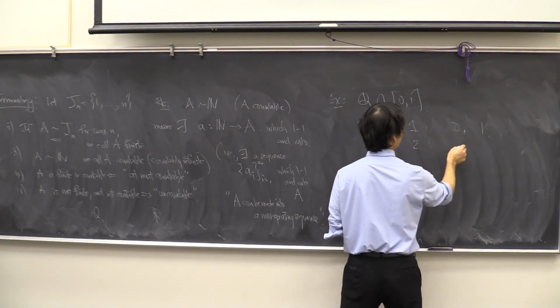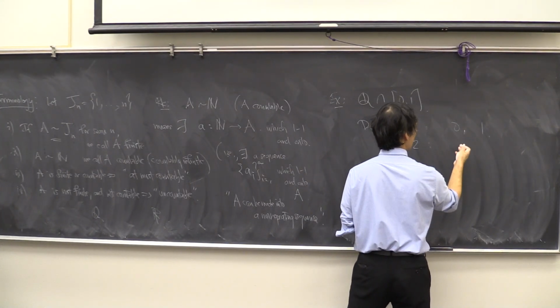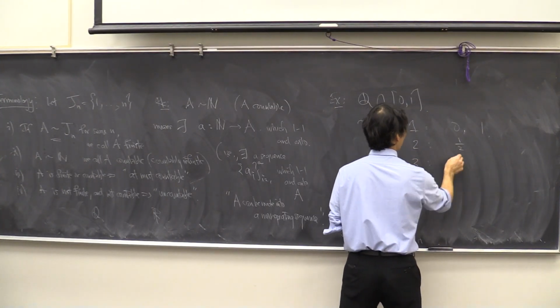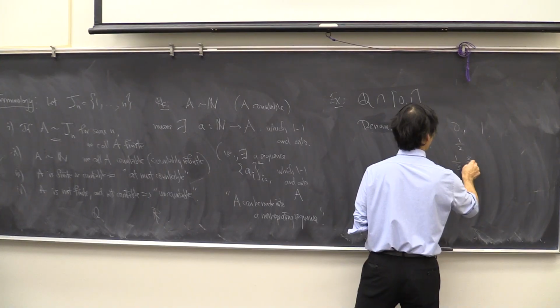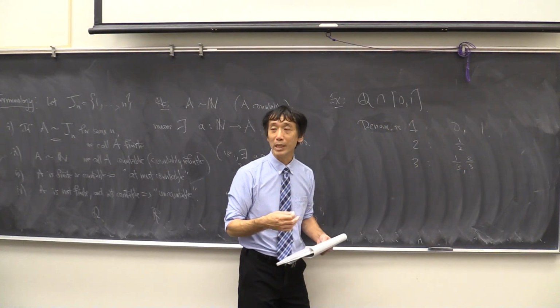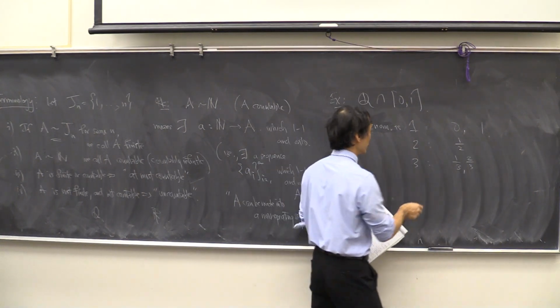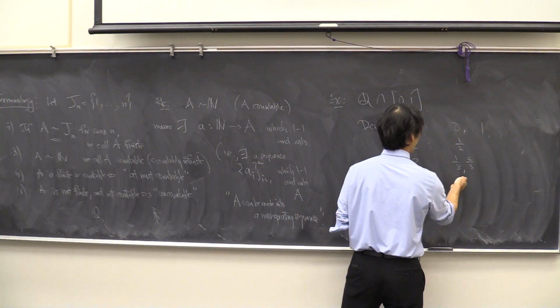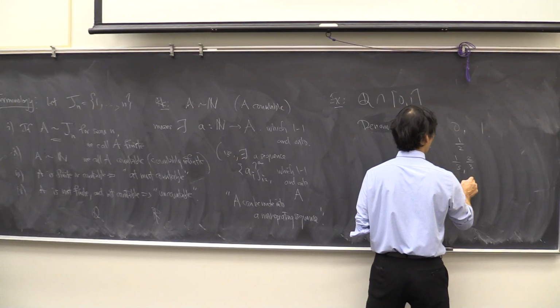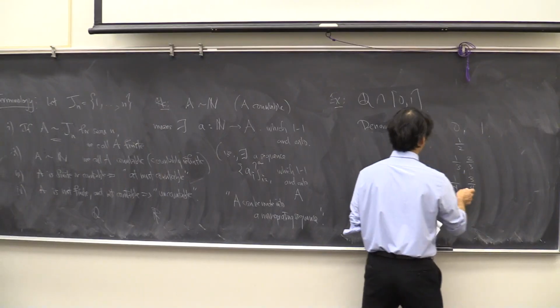Where the denominator is 2, I've got 0 over 2, 1 over 2, and 2 over 2. With 3, I've got 0 over 3, 1 over 3, 2 over 3, and 3 over 3. I don't include the ones that are repeating because I want to make a non-repeating sequence. And for 4, I've got 1/4, 2/4 is already on there, 3/4 is not, and so on and so forth.